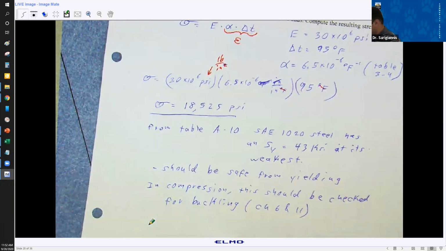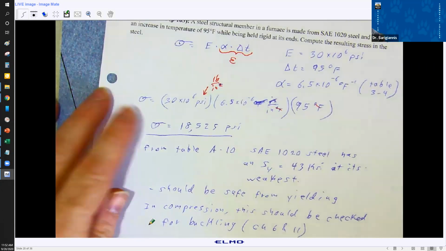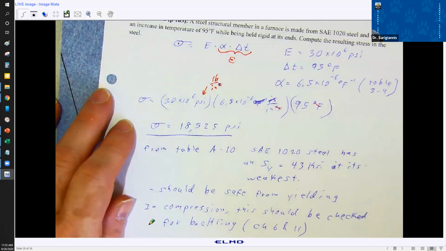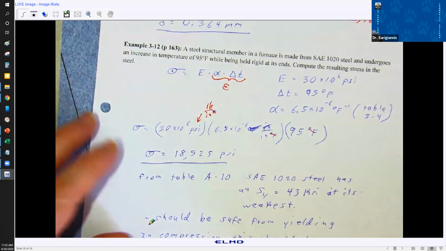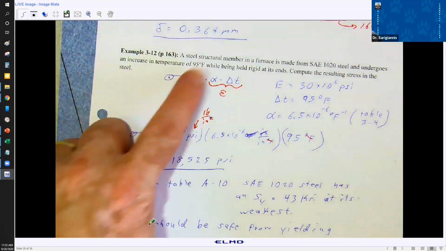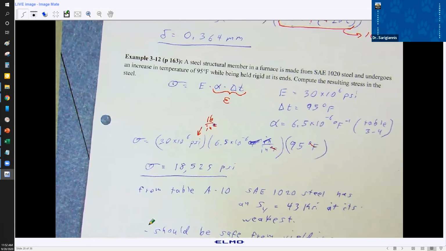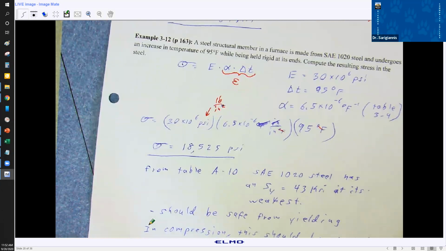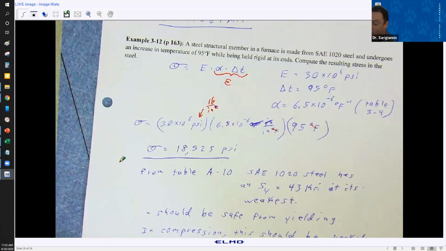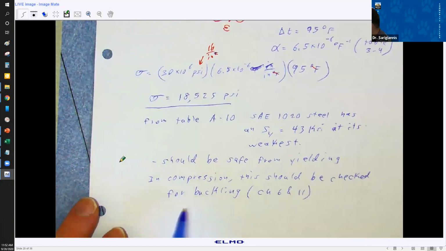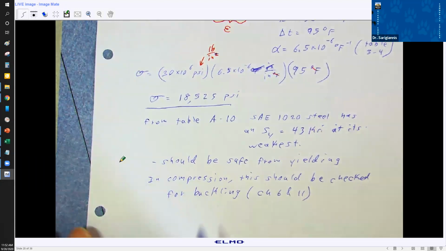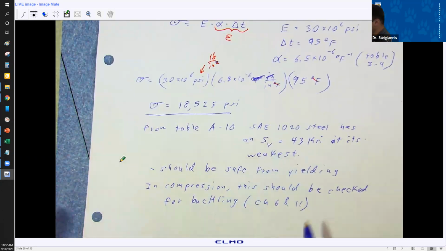I don't even know if we'll get to 11, but chapter 6 is buckling. So the point here is that we've got this stress, 18,525 psi. Physically, we know this is in compression. It's being held rigid at its ends and it's undergoing an increase in temperature. All we can say is that we need to check this for buckling because we don't know for sure. But it should be fine from yielding. In terms of tension, it would be well below its yield strength.